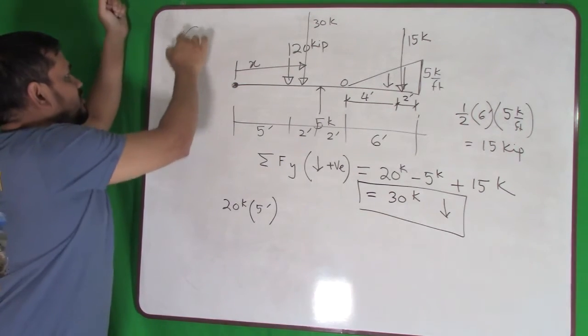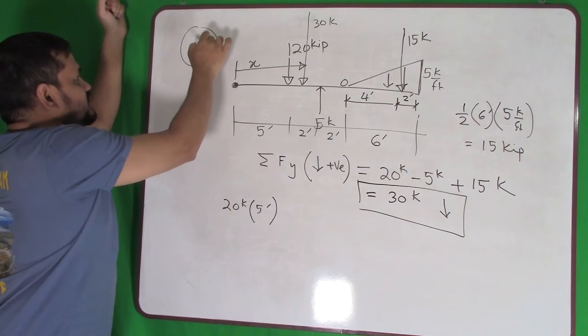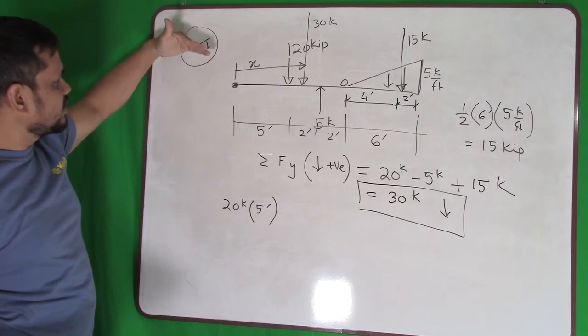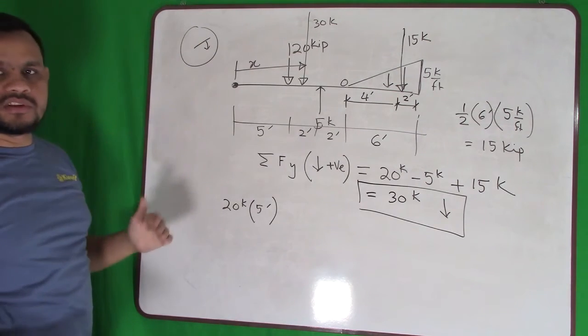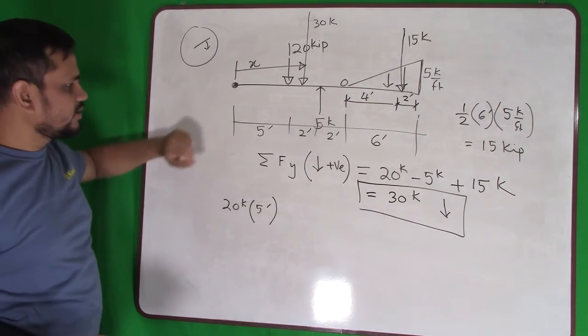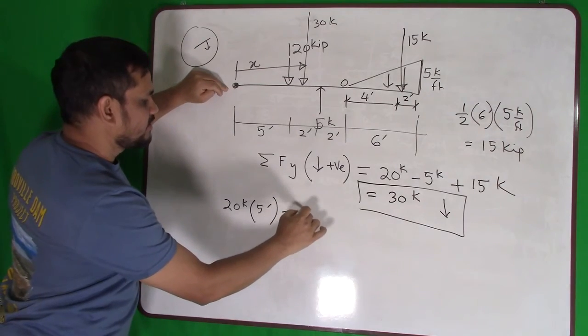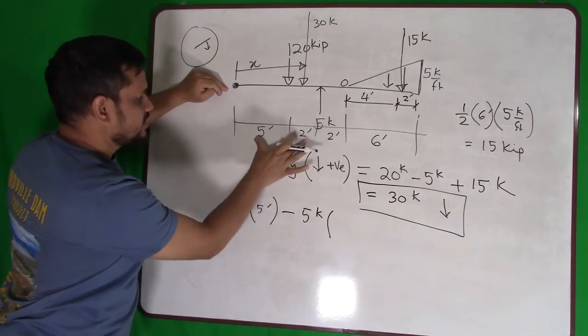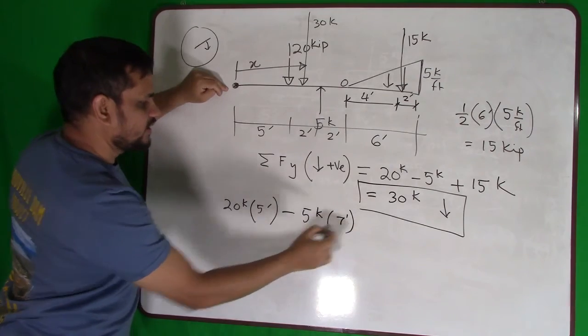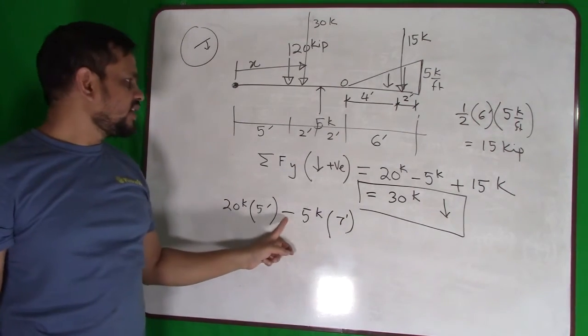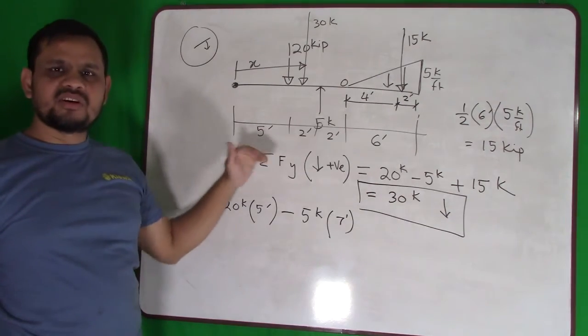In a clock, this goes this way. That means it's clockwise. Opposite is counterclockwise. So this will give me a counterclockwise moment. So it's negative. 5 kip, distance is 7 feet. Hopefully you understood: force times perpendicular distance. Why negative? Because I assume clockwise is positive.